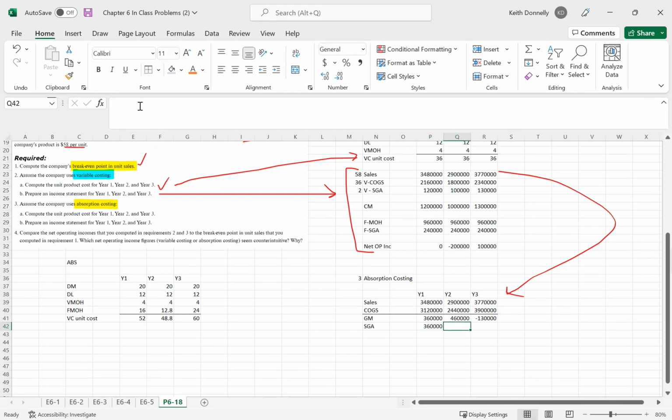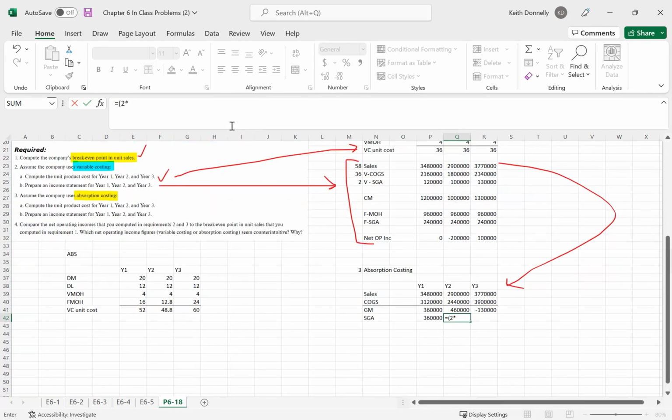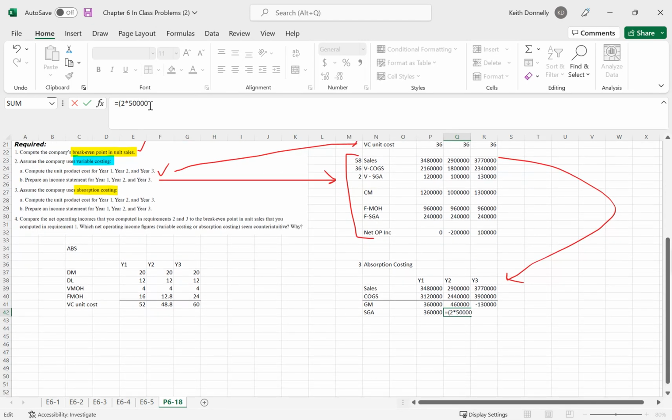All right, let's do it for year 2. It's the $2. Go up real quick. Year 2. Let me see real quick here, sorry. 50,000 plus the fixed portion of 240,000. And then in year 3, we've got to do the variable of the $2 per unit.